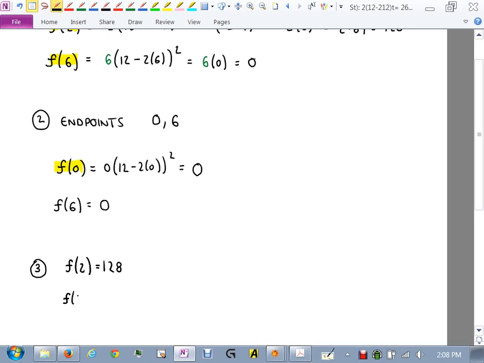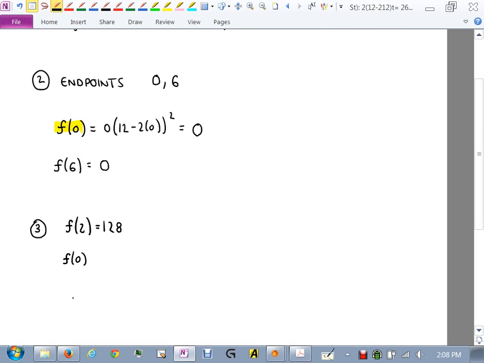F of 0 and f of 6 both gave us 0, which meant that the minimum value is 0 and the maximum value is 128, right?